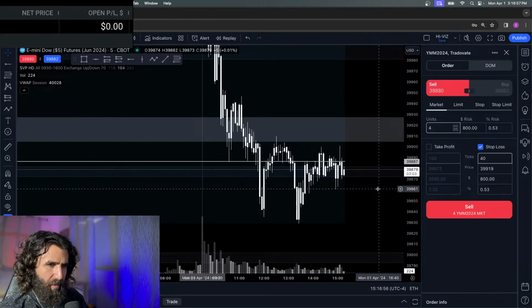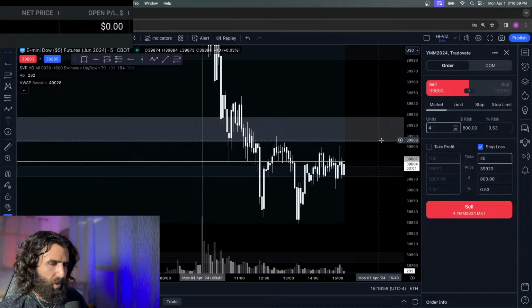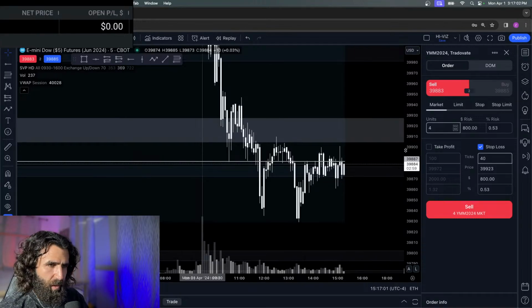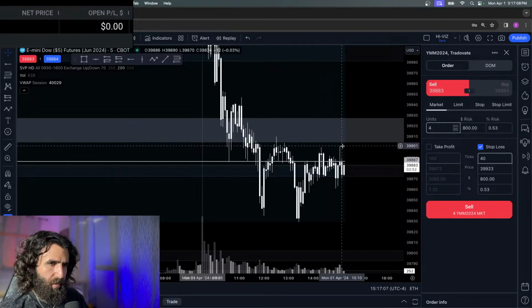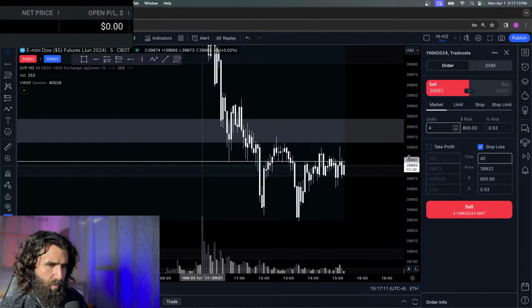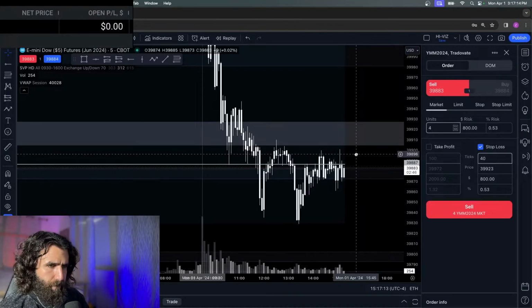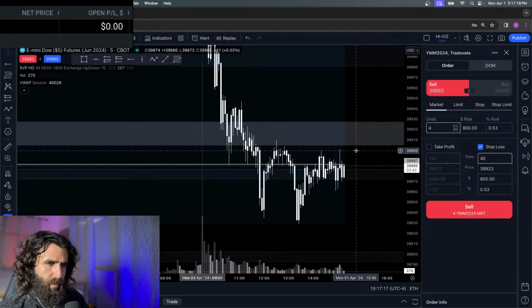Not enough where I would have any kind of stop order fill, but watch price action. This could have been clearing out whatever it needed to by pushing up or pushing down before the move. But we'll wait and see.